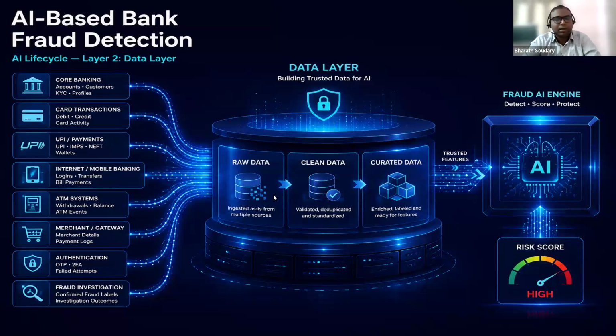I would say core banking, card transactions, UPI payments, internet and mobile banking, ATM systems, merchant gateway, authentication and fraud investigation. So the bank generates an enormous amount of data every time a customer performs an activity. For example, a customer does a transaction of 50,000 rupees on a day.